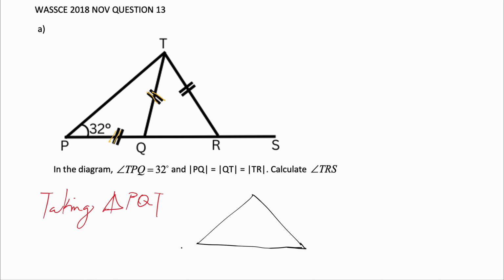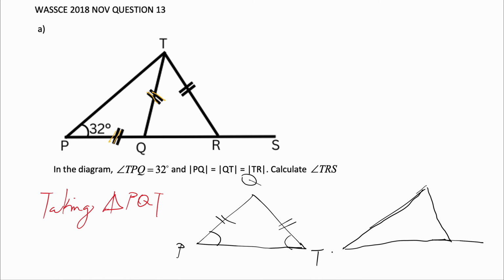It's actually supposed to be PTQ. Then this and this. So this angle is equal to this angle, but it has been turned. So we have this instead. And this is P, this is T, and this is Q.